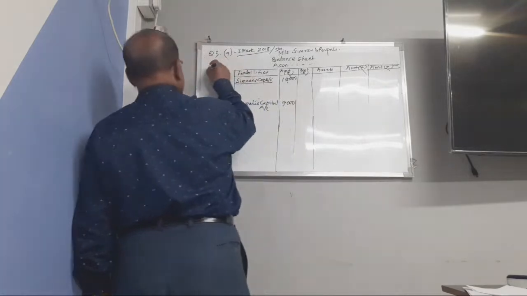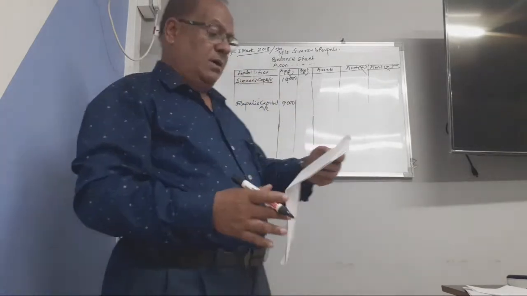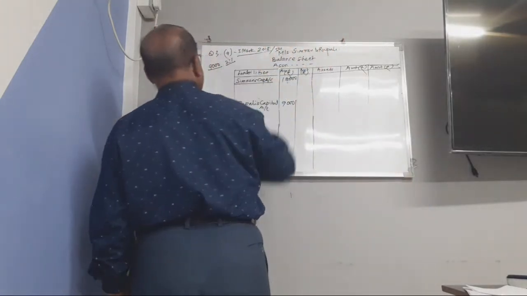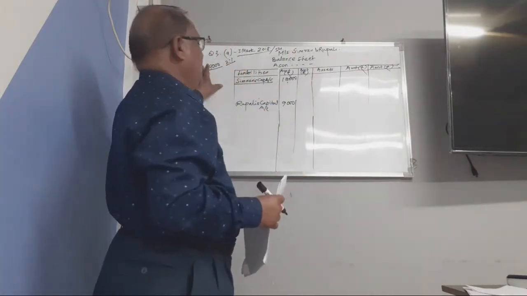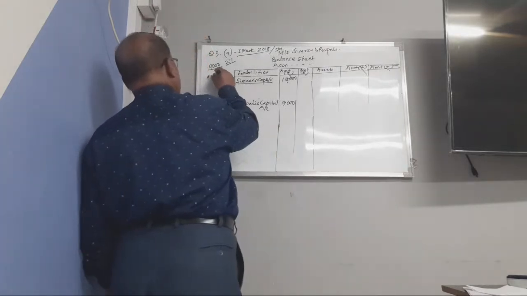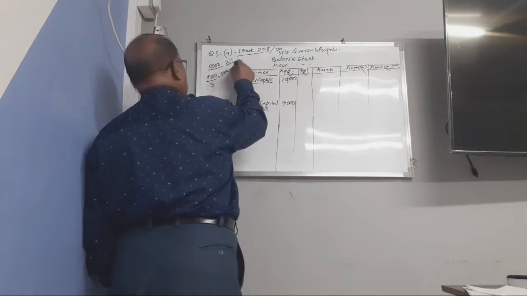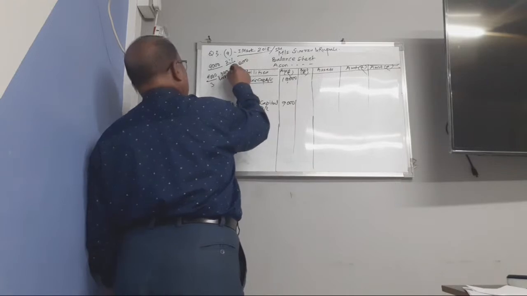We distribute that 9,000 profit in the ratio of 2:1 between Simran and Rupali. If you divide 9,000 by 3, you get a base of 3,000. 3,000 into 2 gives 6,000, and 3,000 into 1 gives 3,000.